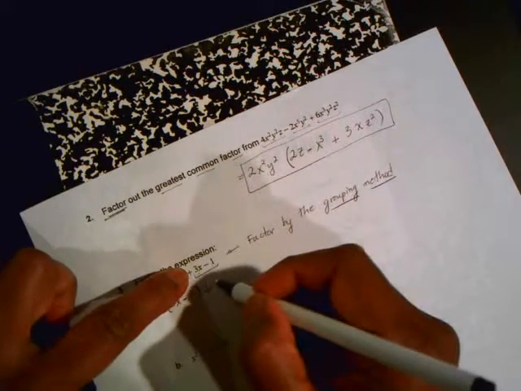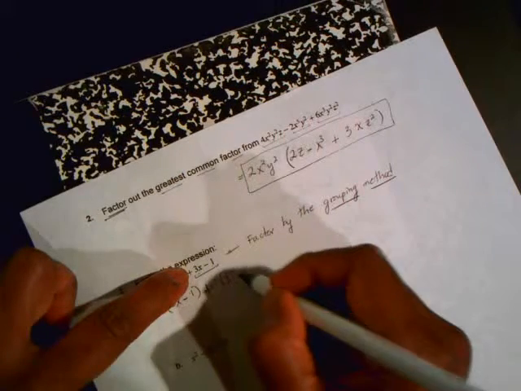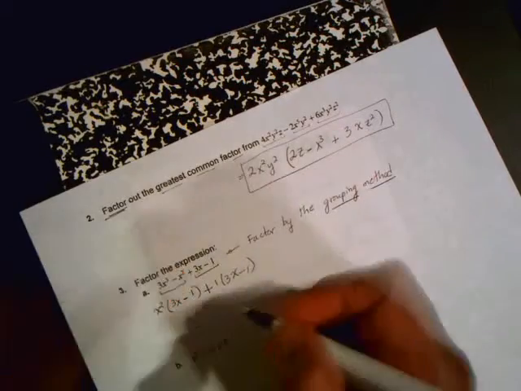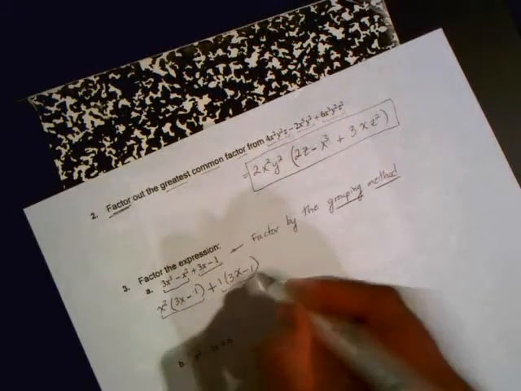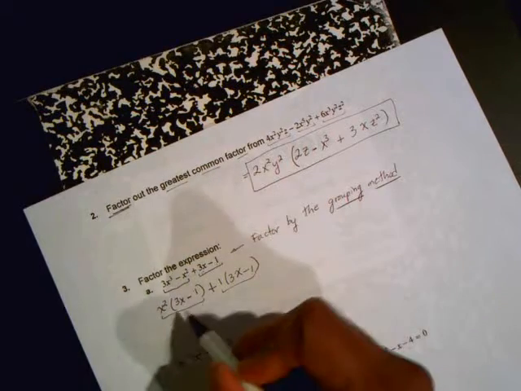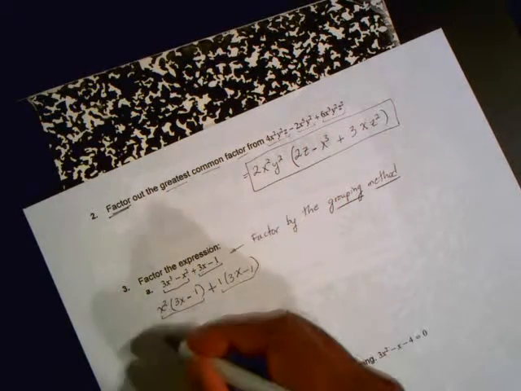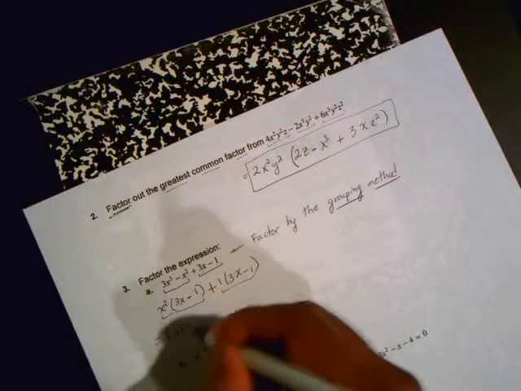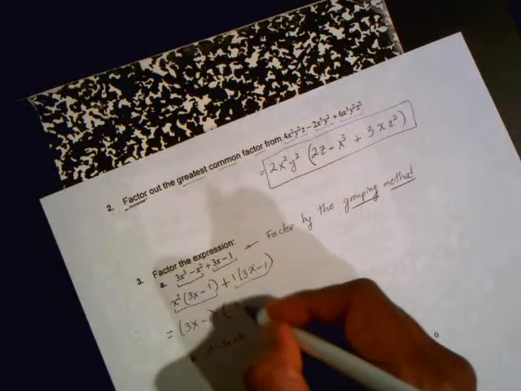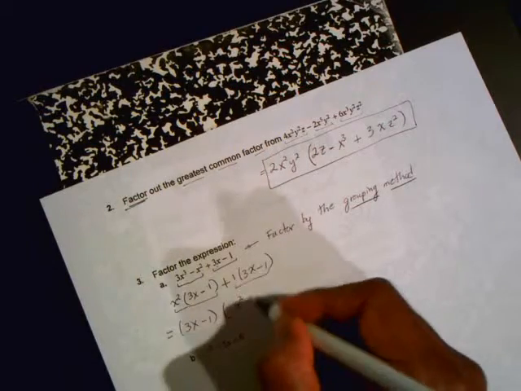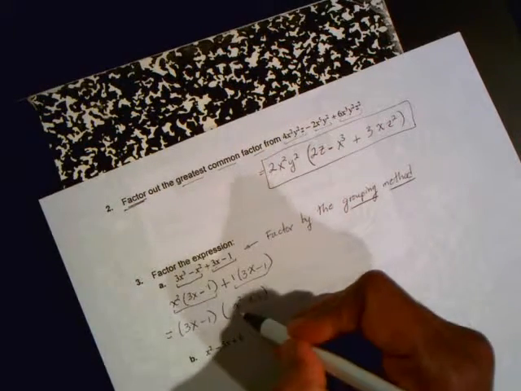Put a little placeholder. The 1 is acting as just a placeholder. Now if you zoom out of this, you'll see that of these 2 terms something is common, and that something is 3x minus 1. So take that out, and then you're left with, from here, an x squared, and from here a plus 1. Now this can't factor any further, so you stop.